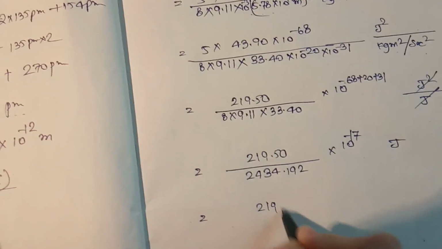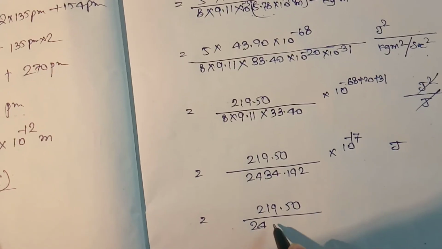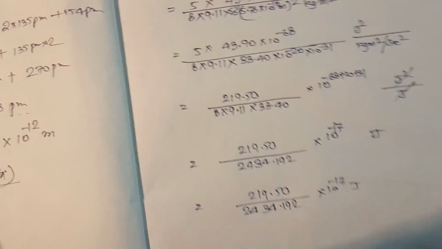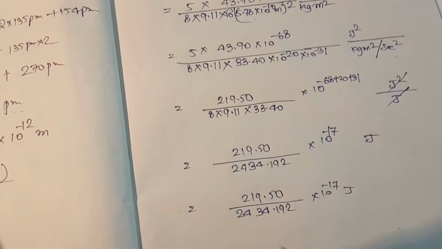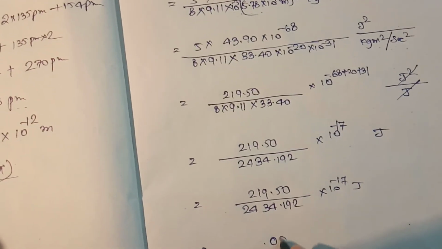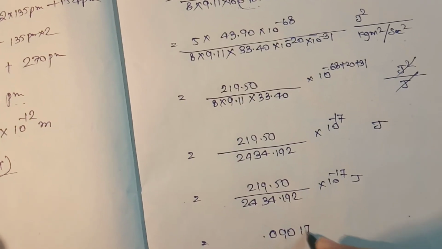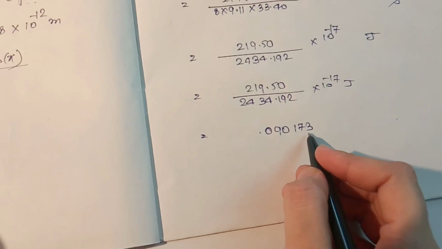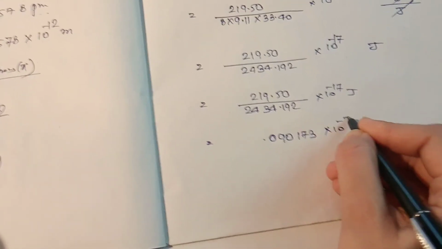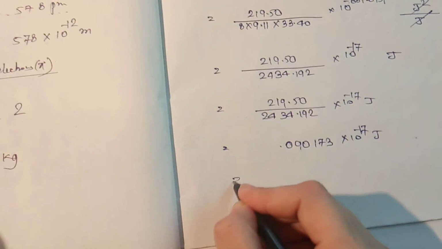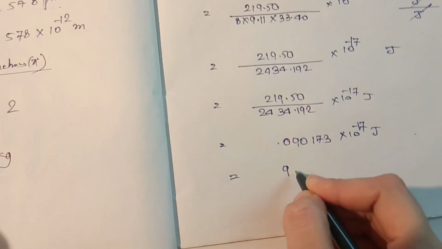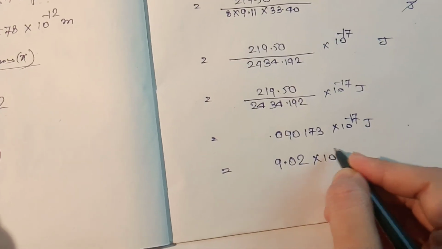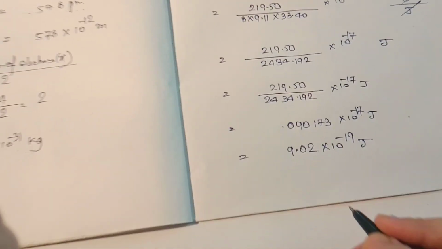So 219.50 divided by 2434.192 into 10 to the minus 17. The same expression I have written. Okay, that's fine. After the division we get the quantity 0.090173 into 10 to the power minus 17 joule, or we can rewrite it as 9.02 into 10 to the power minus 19 joule.